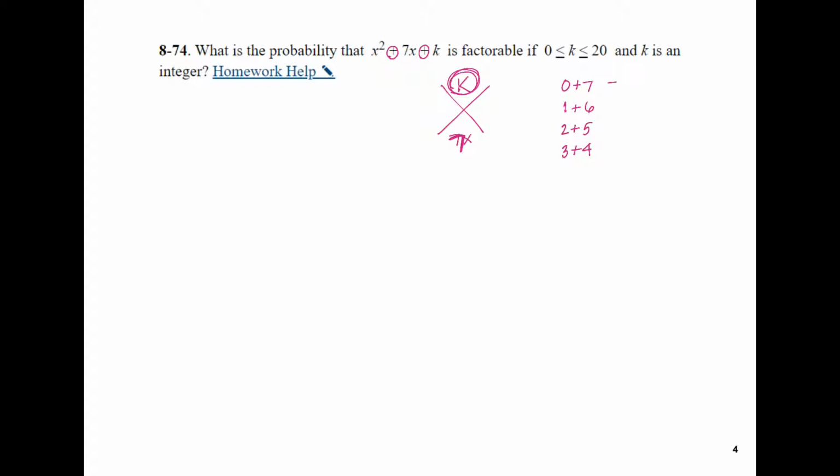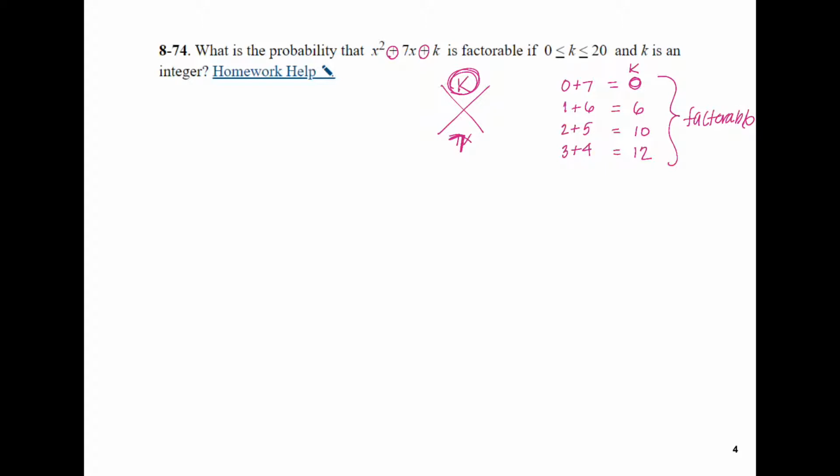So 0 times 7 would give us a k value of 0. 1 times 6 would give us a k value of 6. 2 times 5 would give us a k value of 10. And 3 times 4 would give us a k value of 12. So k would have to equal those because these are the only k values that would make it factorable.